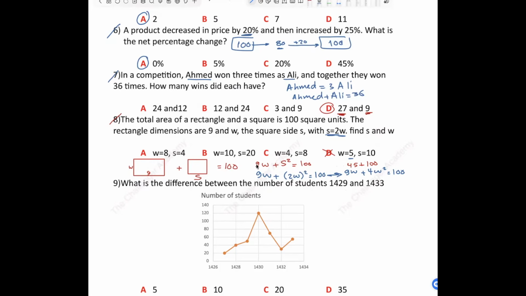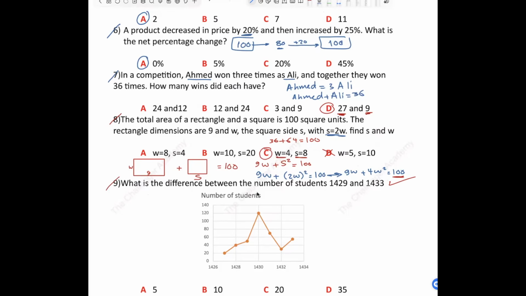So it's not D. Okay, we'll check C. If we check C, we have W equals 4, so 9 times 4 is 36, plus 4 times W squared, 4 squared is 16, 16 times 4 equals 64. Yes, their sum equals 100. So W equals 4 satisfies this equation, and we have S equals twice W, so C is the correct answer. Let's move to question 9.